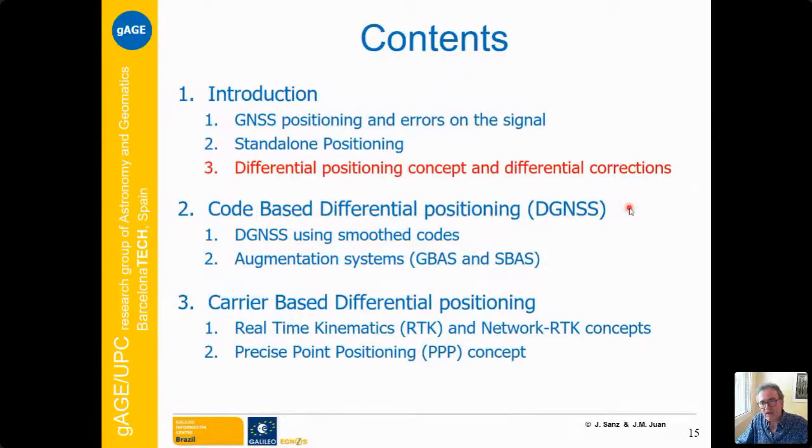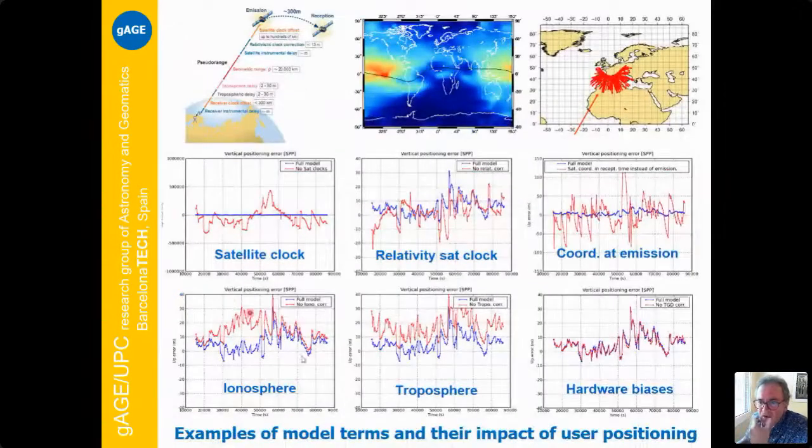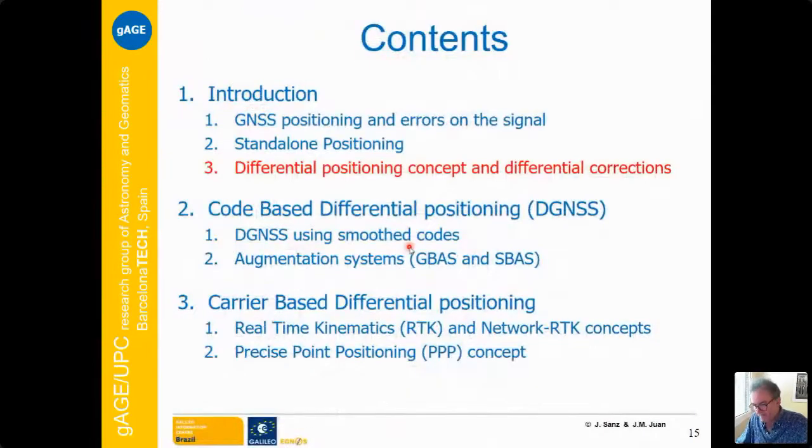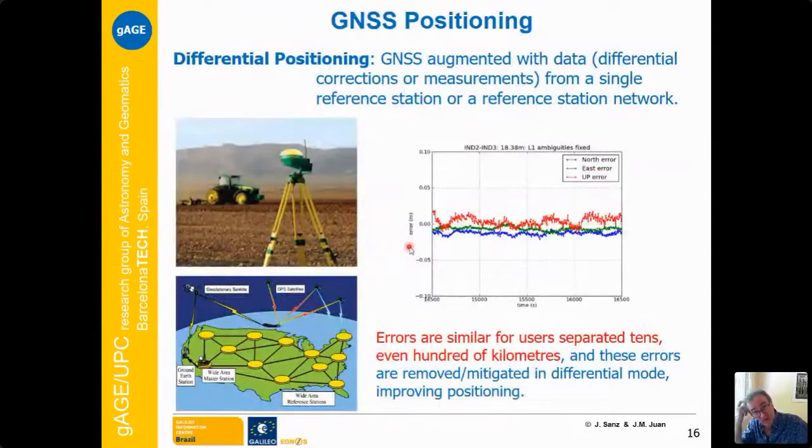Well, differential positioning and differential corrections. Some of these errors can be cancelled in differential mode. Satellite clock, ionosphere, let's say. Differential positioning concept and differential corrections.